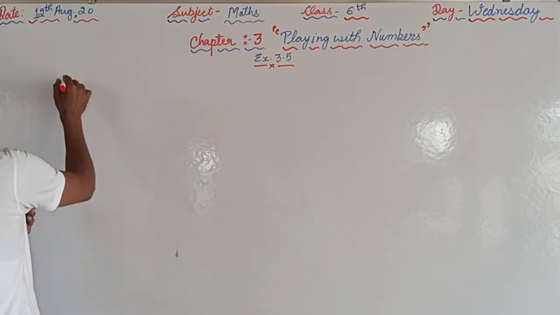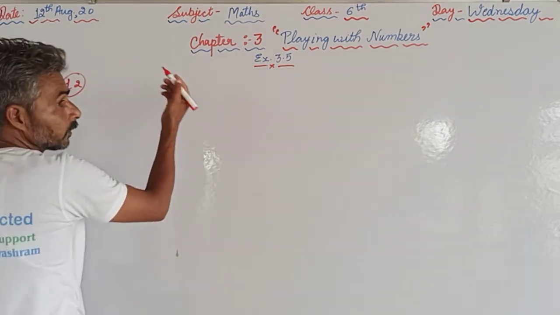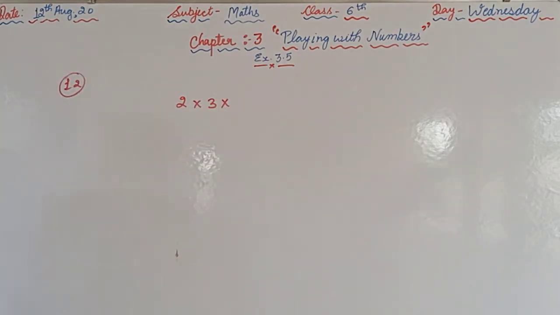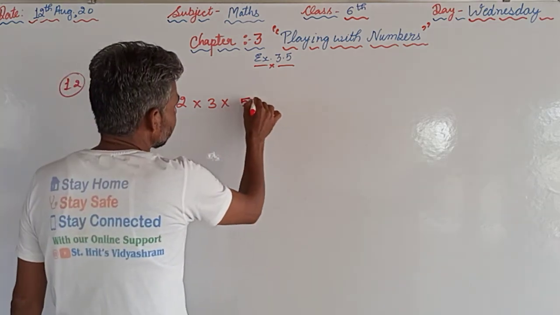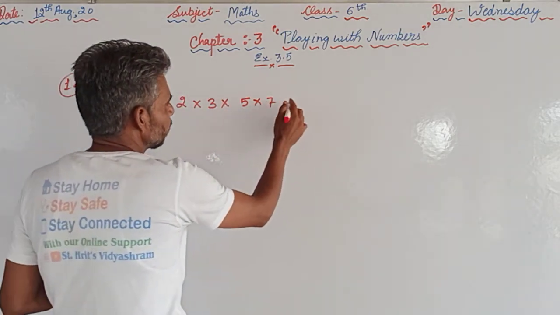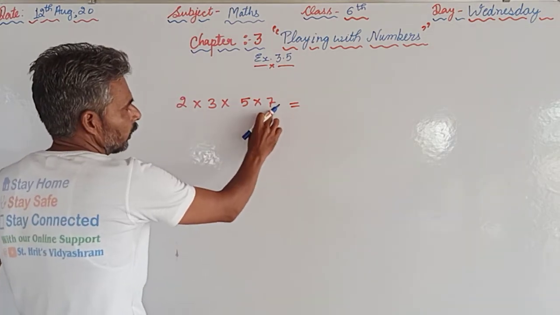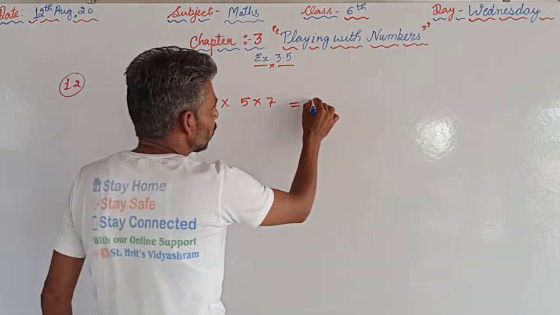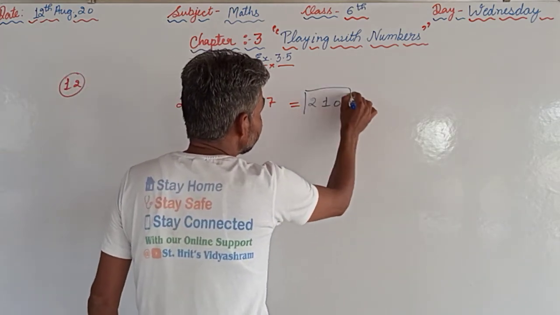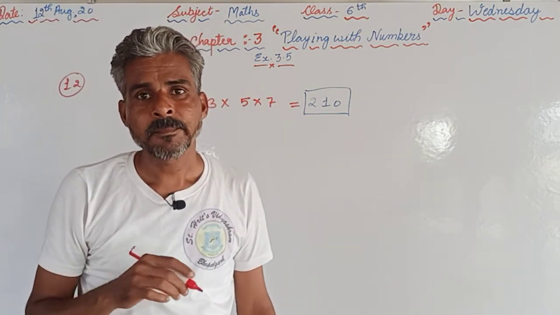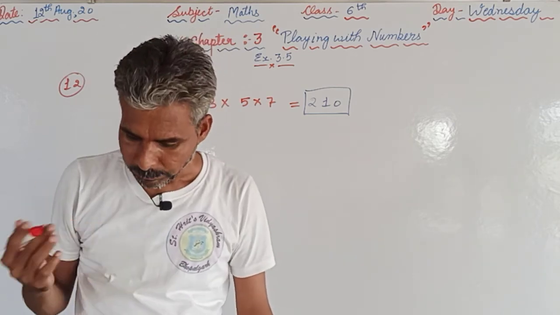The smallest prime numbers start with 2. 2 into 3 into 5 into 7. We have to take the first 4 prime numbers 2, 3, 5, 7 and multiply them. So 7 fives are 35, 35 twos are 70, 70 threes are 210. So 210 will be the smallest number having 4 prime numbers in its prime factorization.